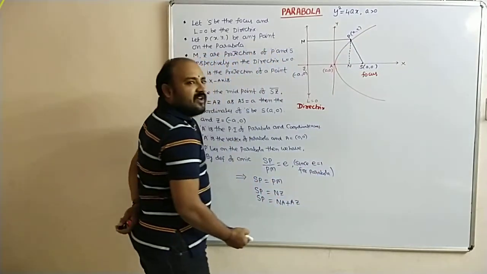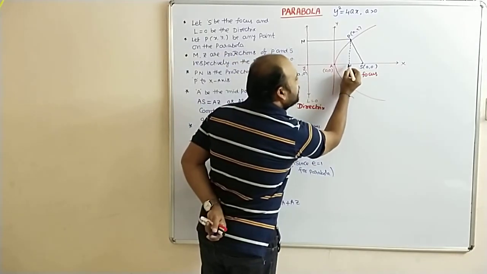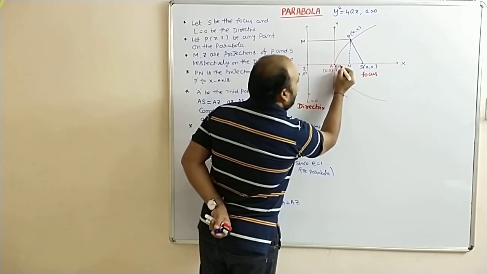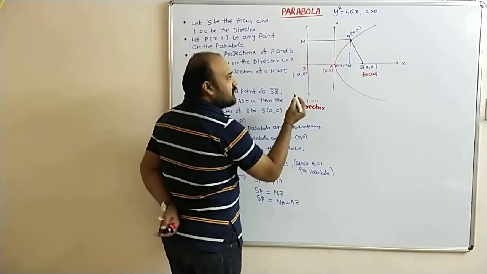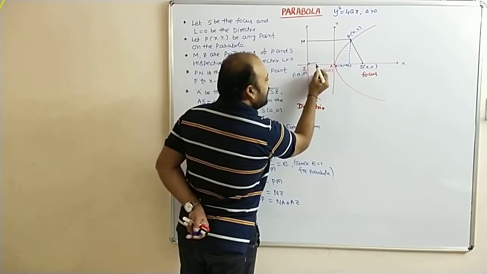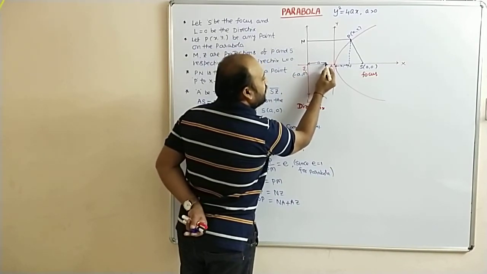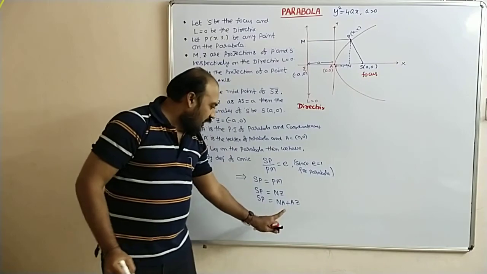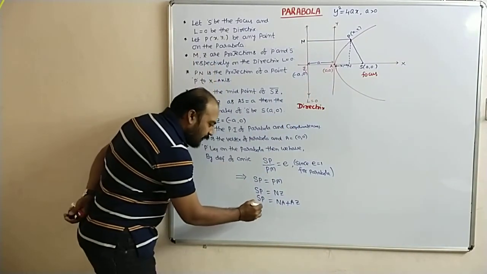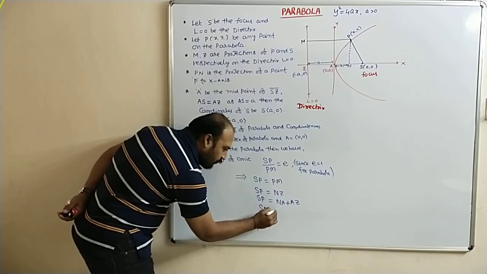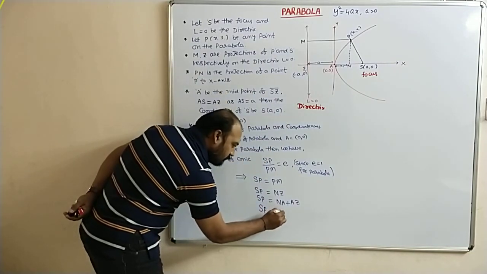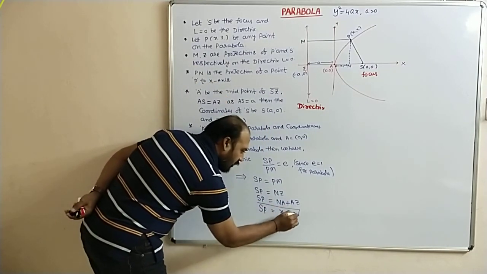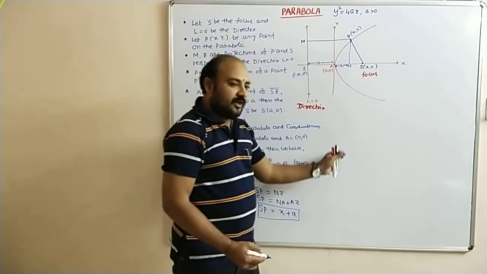Since the point is x1, y1, from A to N the distance is x1 units and the vertical distance is y1 units. So AN becomes x1. From A to Z, which is on the left side, we take only the magnitude, so the distance is a. So NA is equal to x1 and AZ is equal to a. SP equal to x1 plus a. After completing this step, we will come to the next one.